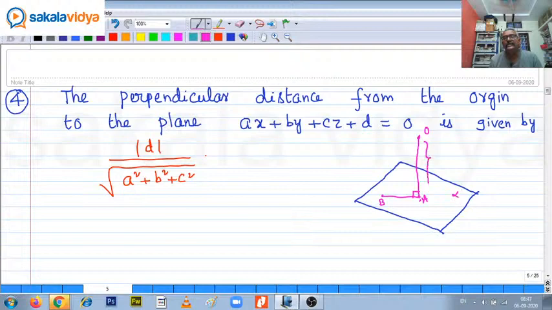So this distance, say capital D, is given by the perpendicular distance from the origin (0, 0, 0). This OA length is given by mod D by root of A square plus B square plus C square.